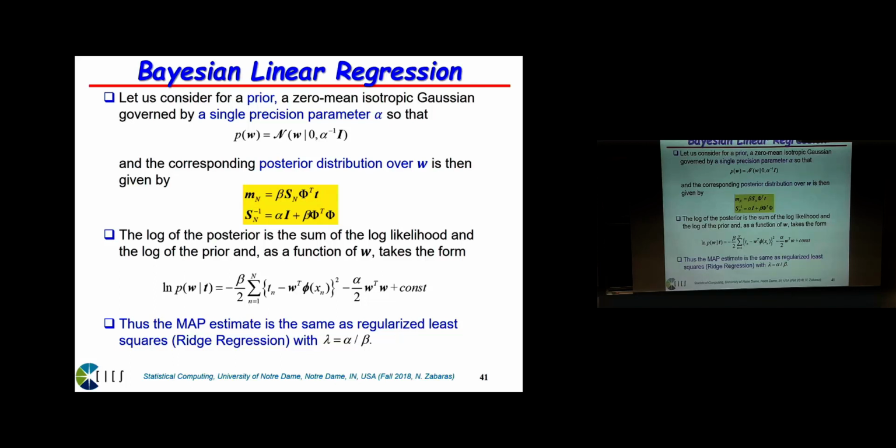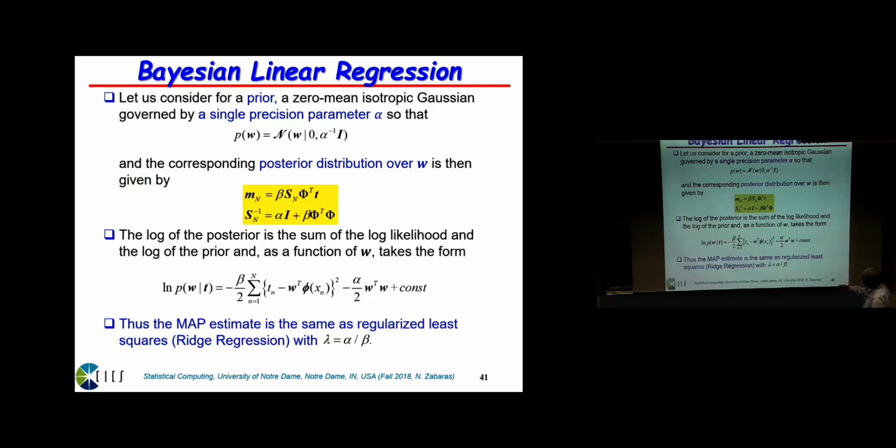if you want to compute now the MAP estimate, and you take the log of the posterior and you try to maximize this, it is the same as minimizing the square error plus the regularization. You see that? From where is this term coming? In the posterior, this comes from the prior, all right?